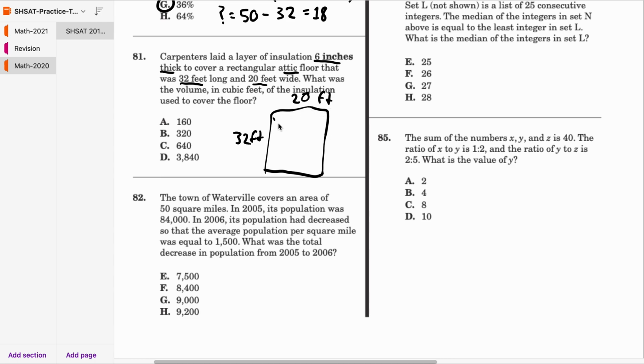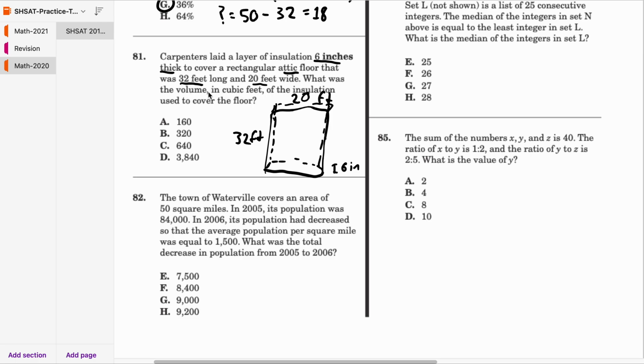And basically we're covering this whole thing with like a vertical layer of insulation, right? So we're adding sort of like another dimension, right? Because we're coating this floor with insulation. Okay, and this third dimension is going to be 6 inches.